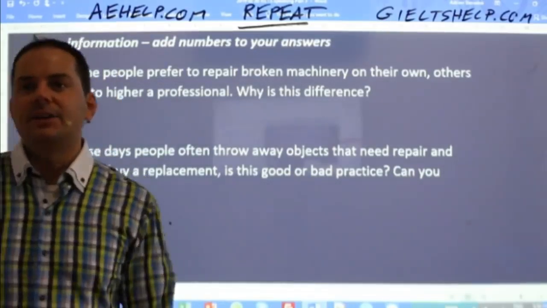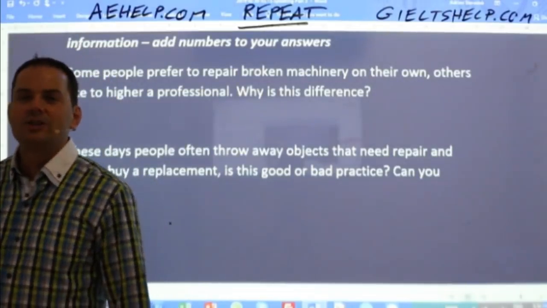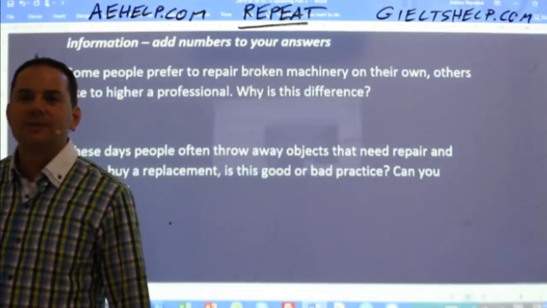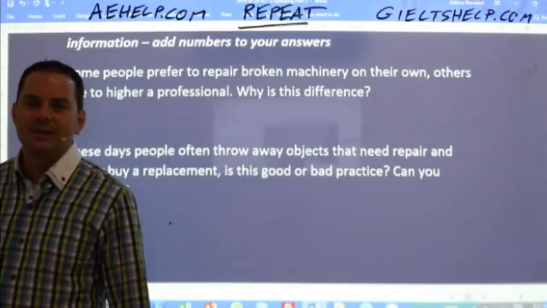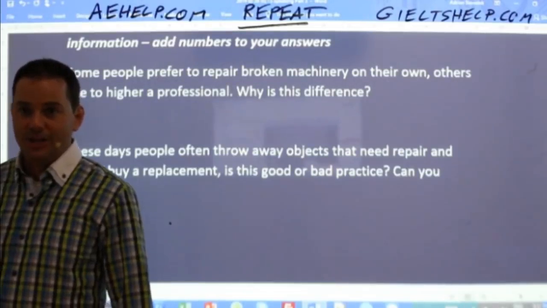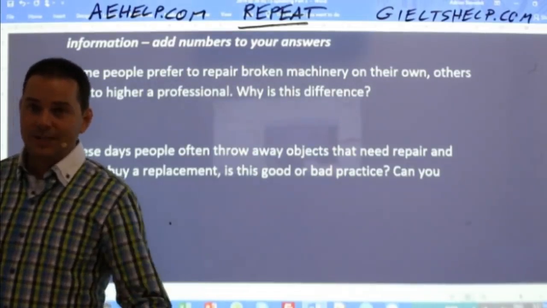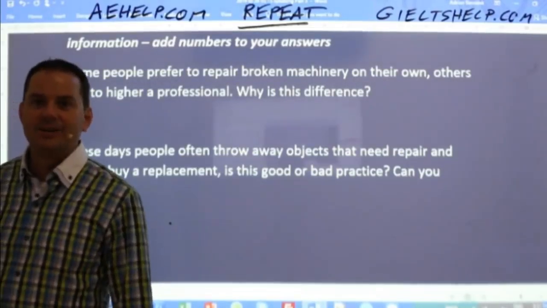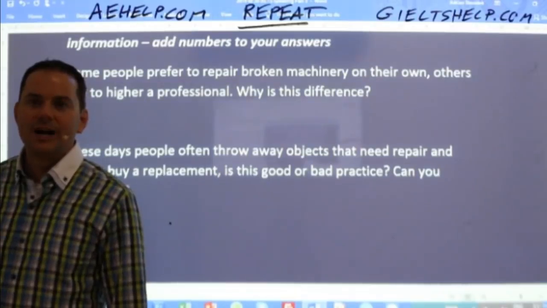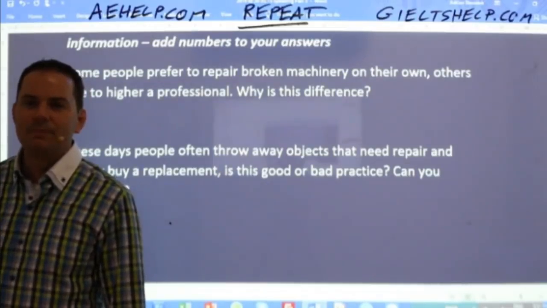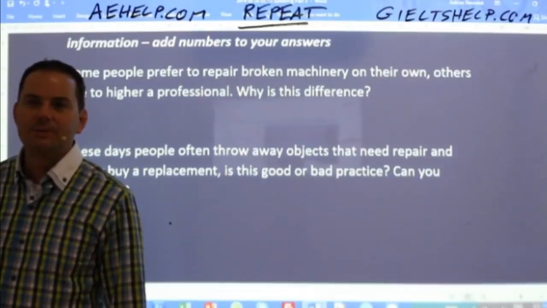Tosef says every individual has different technical knowledge based on their abilities. Some people think that they can understand the working of machines and can resolve these issues associated with broken machinery. All right, that's one side. Where's the other side? Ah, there it is. The rest think they will be unable to resolve the issue by themselves, so they hire a professional. Don't overcomplicate it, Tosef. Keep it simple.